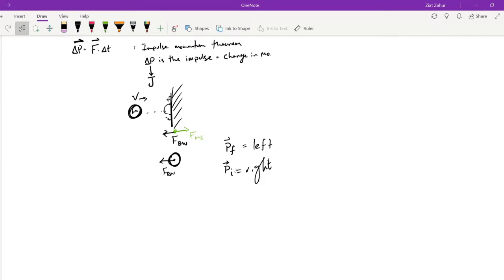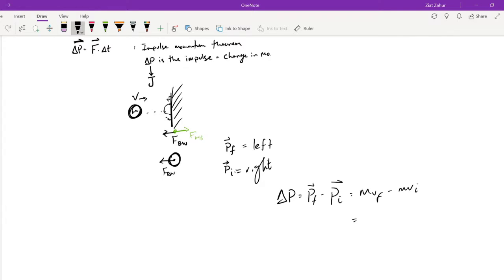Left is inherently negative, or classically negative. So if I did the change in momentum, which is the final momentum minus the initial momentum, this would give me mass times velocity final minus mass times velocity initial.